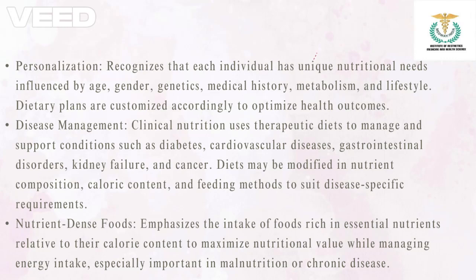Okay, and nutrient dense foods emphasize the intake of foods rich in essential nutrients, which can be calorie content, protein content, or any specific vitamin or mineral. Nutrient dense food is suggested to a patient because you might be deficient in a specific nutrient, right?